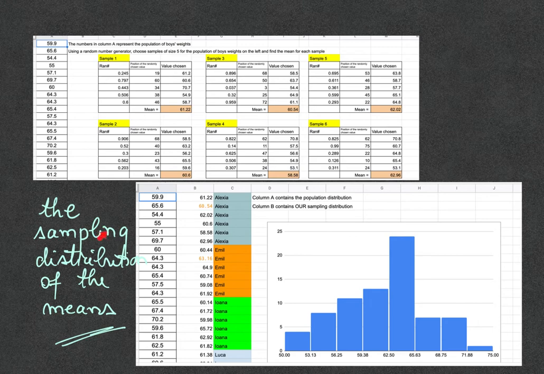Similarly, I can have the sampling distribution of the variances if in each sample I calculate the variance, or the sampling distribution of the modes if in each sample I calculate the mode. However, in this course, we study only the sampling distribution of the means, which is the most interesting of all those I enumerated.